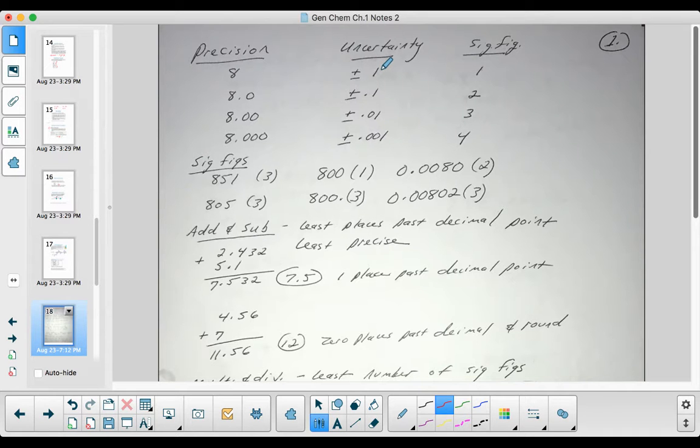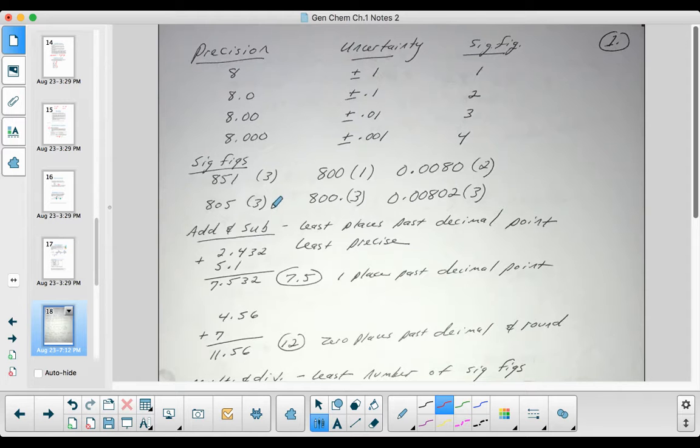There's a video and a couple worksheets on uncertainty that I've posted. So it's always 1 unit of the last written digit, plus or minus 1 here. The last digit here is 0.0, so it's plus or minus 0.1. Here it's plus or minus 0.01, and here plus or minus 0.001. So that's something to always consider as well.